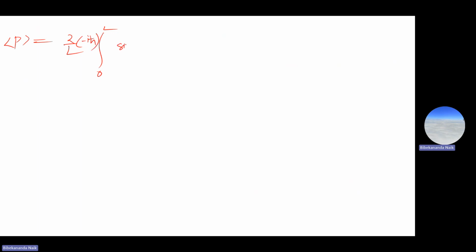So it will be sine n pi x by L into the derivative of sine n pi x by L, which will be cos n pi x by L into n pi by L dx.